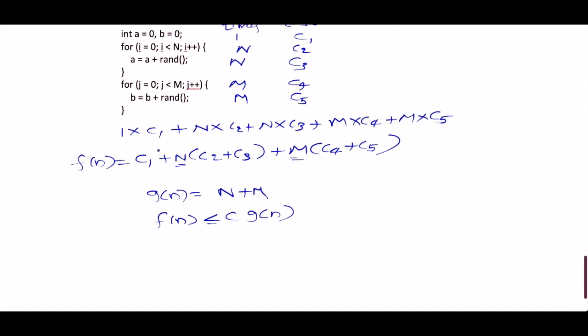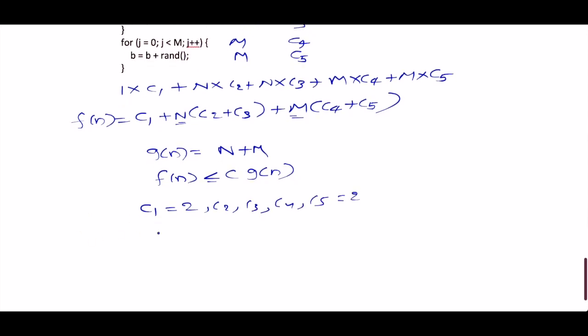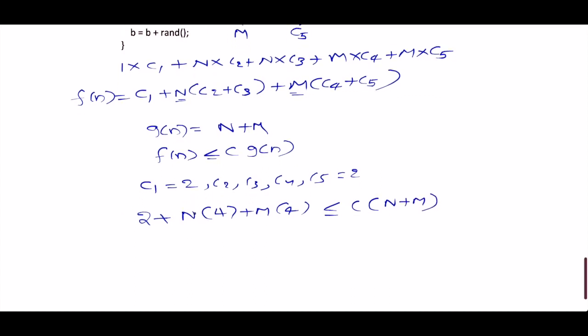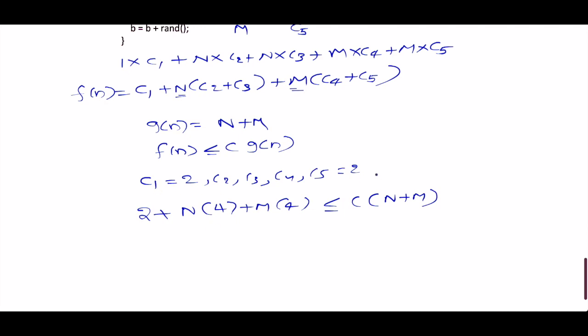Put c1 equal to 2, and c2, c3, c4 and c5 all as 2. So 2 plus n into 2 plus 2, which is 4, plus m into 2 plus 2, which is 4, is less than or equal to c into our g of n, which is n plus m. You can take any values, but for simplicity I have taken all as 2. So now this becomes 4n plus 4m plus 2 less than or equal to c into n plus m.